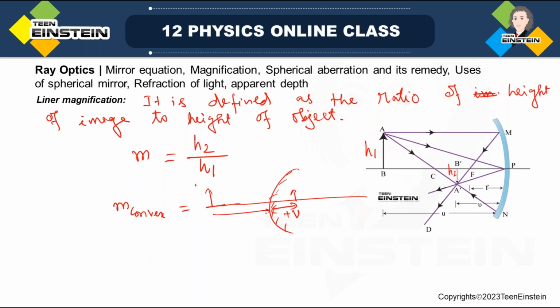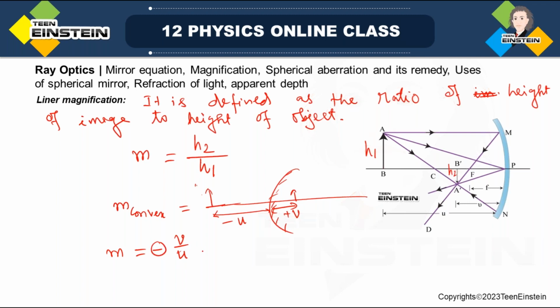What is the object distance? In this case, this is the negative sign. Okay, this is negative sign. But what we have is magnification minus v by u. Okay, this is the formula with the minus sign inherent.